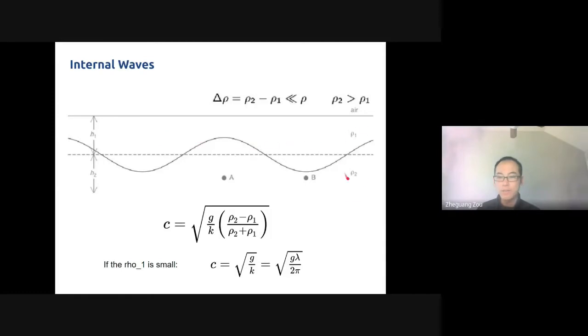Think about rho 1, rho 2. There's another layer of air here, but we are thinking about the fluids. We have one layer rho 1, the other layer rho 2. And if you start to perturb it, we can do this in the lab. If you have two different types of fluid with different density, oil and water for instance, and you dye the water with different colors so that you can easily see, and you somehow perturb it, you can see the interface start to propagate and behave like waves.